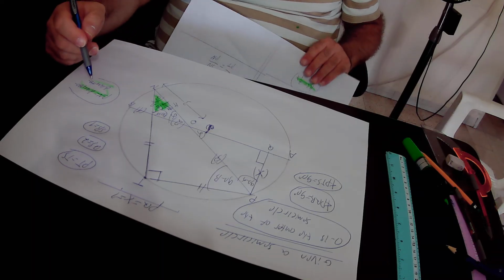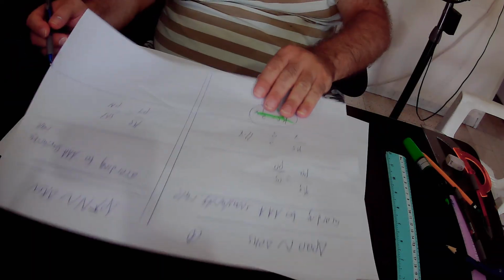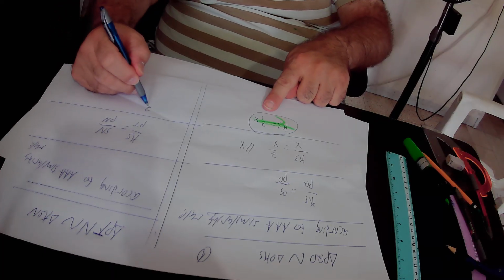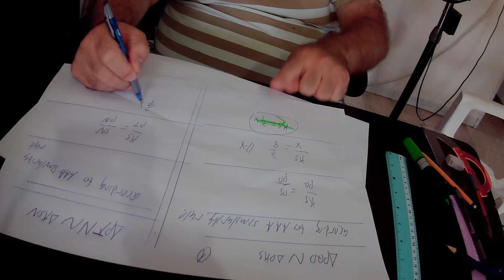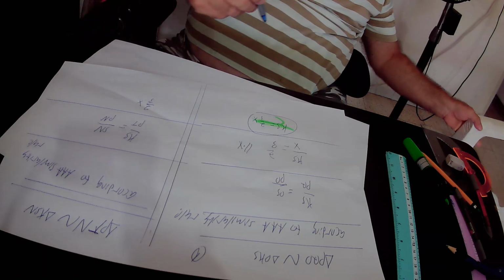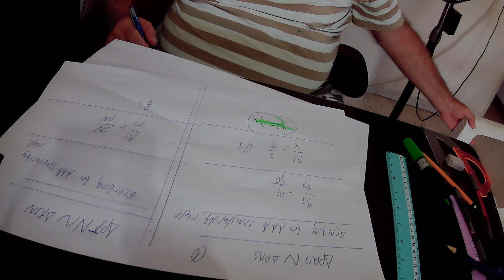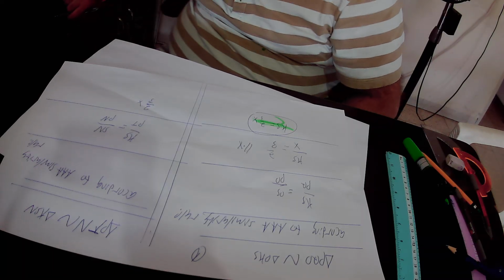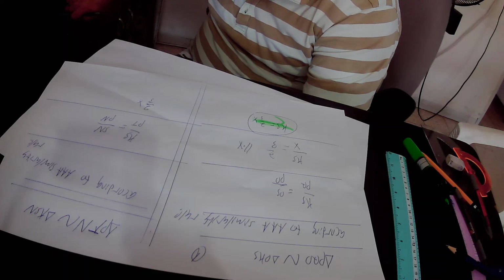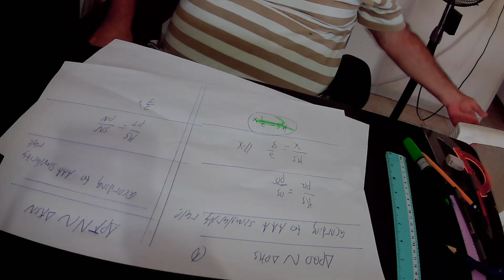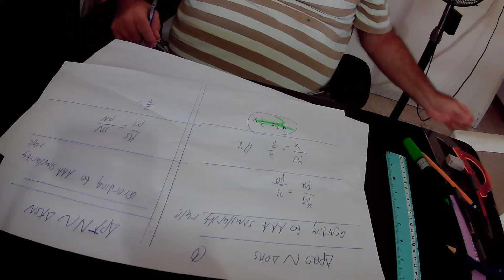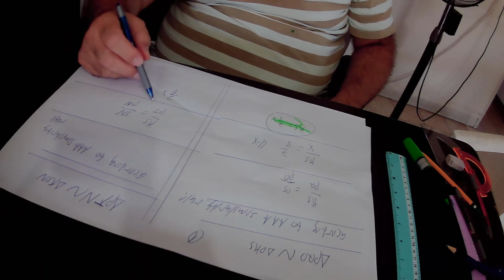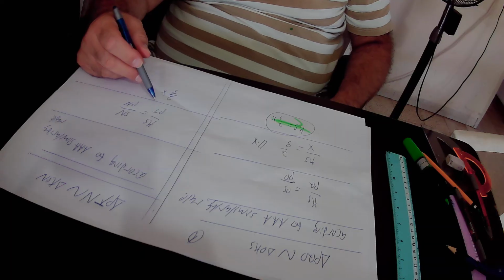KS, we already found out that KS equals 2/3 x, over PT.